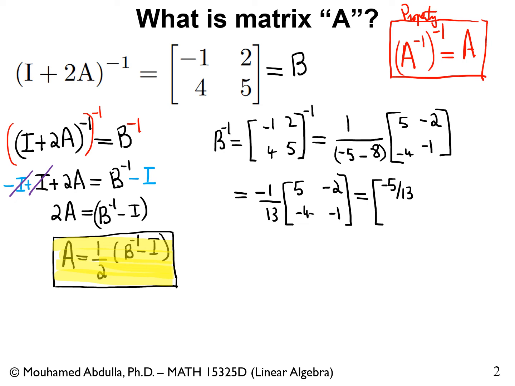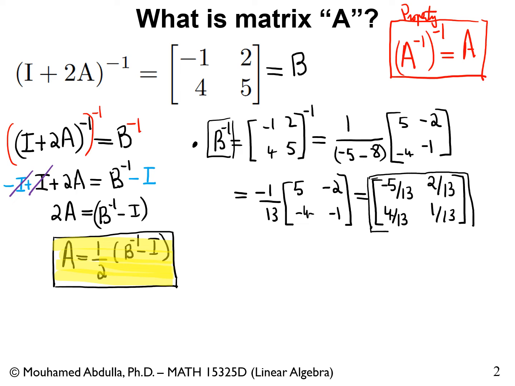And then we get 2 over 13 here. And then we get 4 over 13 in here. And then we get 1 over 13 for this last entry. So this gives us some value for the B inverse matrix. So we got this, and this is a good step in order to find what the A matrix is.